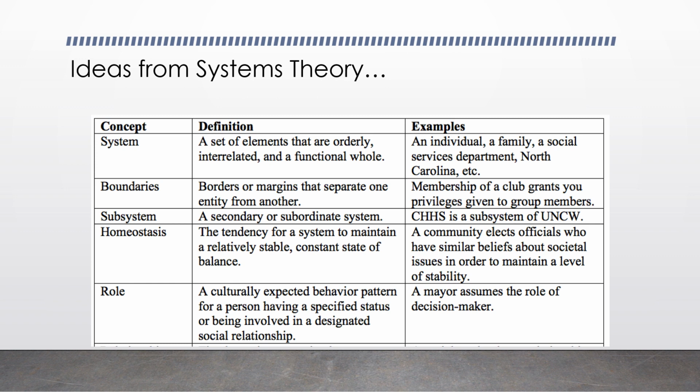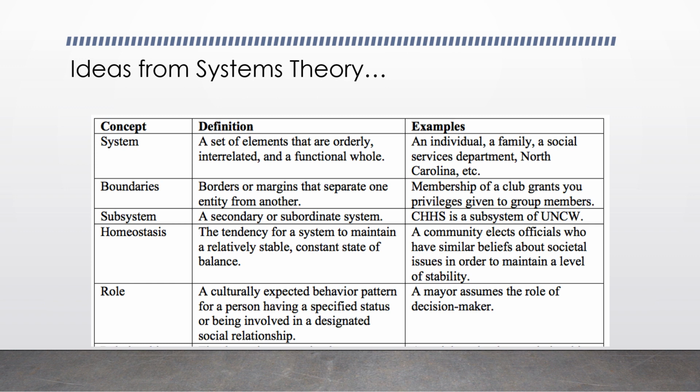Next, let's talk about homeostasis. Homeostasis is a tendency for a system to maintain a relatively stable, constant balance. For example, a community elects officials who have similar beliefs about societal issues in order to maintain a level of stability. So not much is going to change.